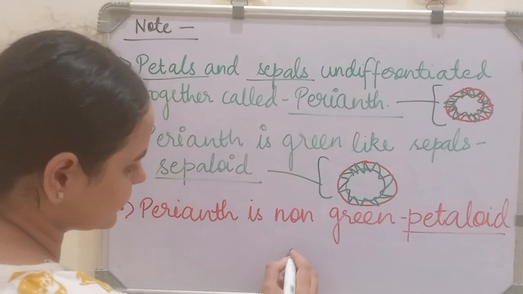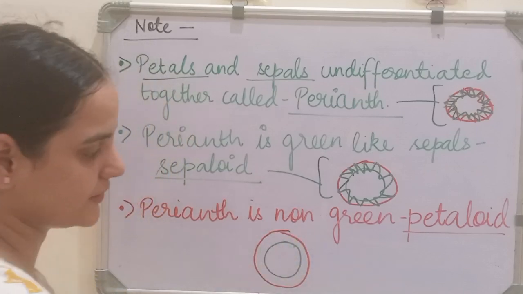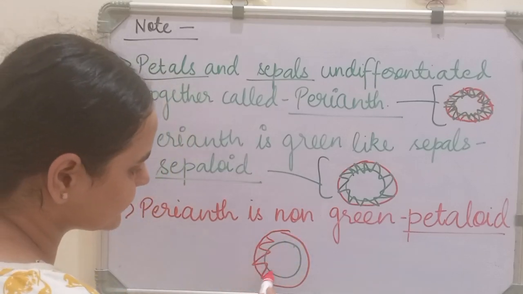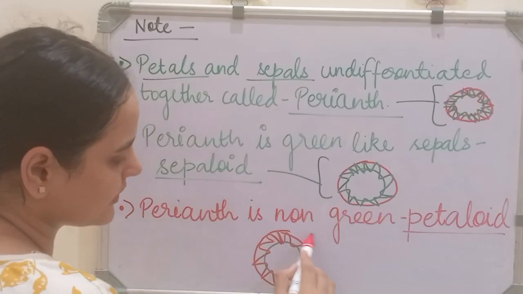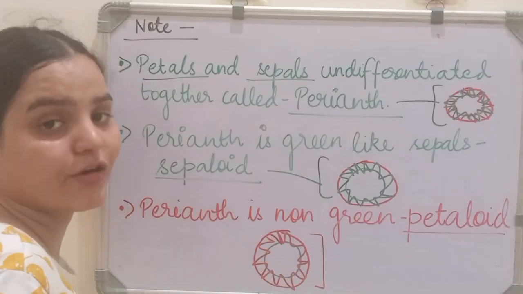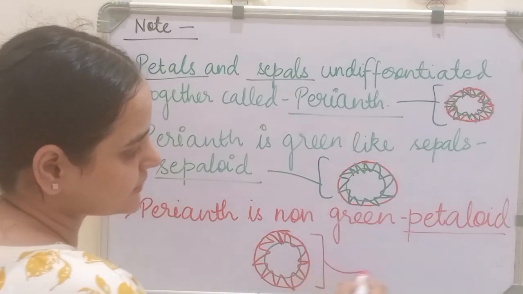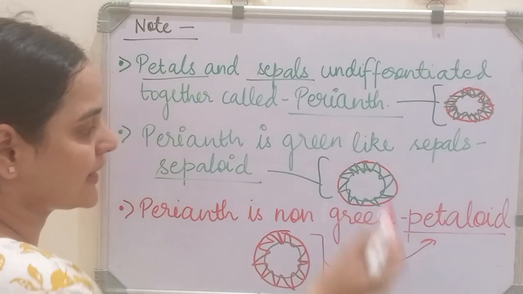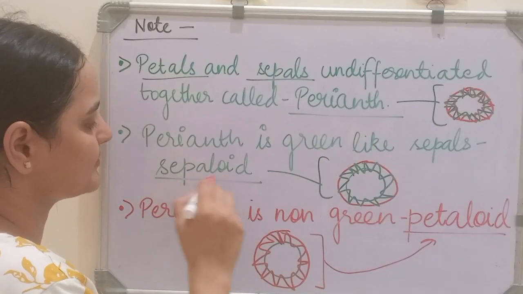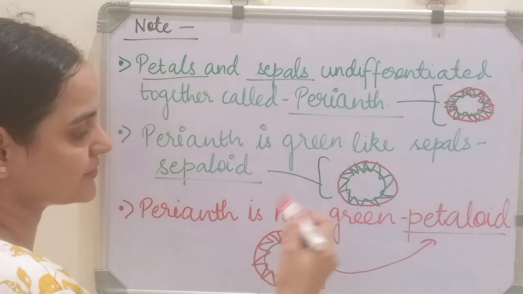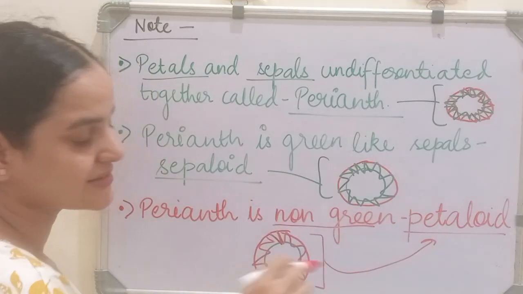I am drawing again. This is the sepal wall and this is the petal wall. Now if this perianth is non-green, it has the characteristic of petals, because petals are of different colors. So this condition is known as petaloid. If they are green, generally sepals are green, so that condition will be called sepaloid. And if the perianth is non-green, that condition will be known as petaloid.